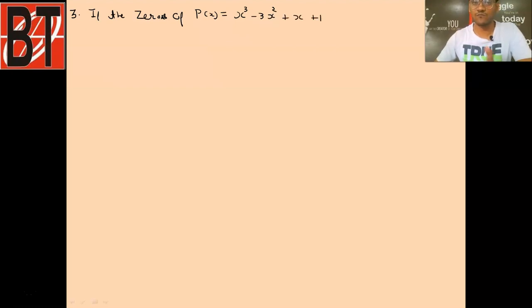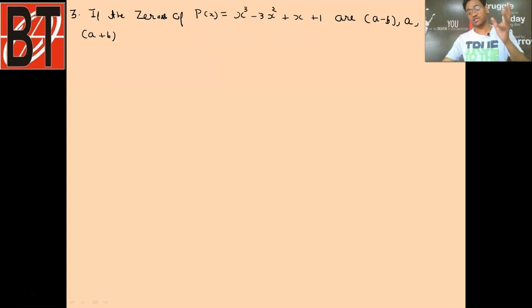If the zeros of p(x) are a minus b, a, a plus b. So students, here these are the given zeros. You can consider alpha as a minus b, beta as a, and gamma as a plus b.